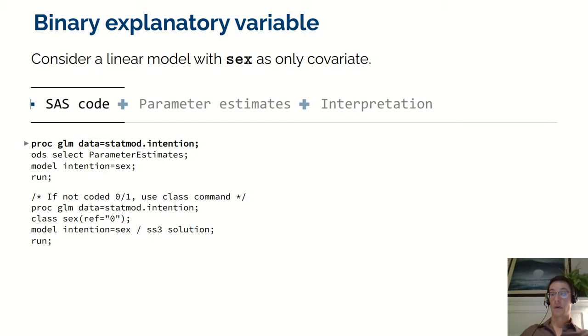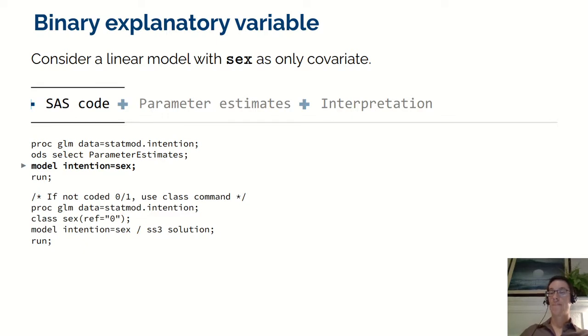I'm using proc glm, my procedure for fitting linear models. In the output, I only want the parameter estimates, which I've shown you before. Here I'm modeling intention as a function of sex. It is not meant to be a complete or adequate model. It's just to show you how it works.